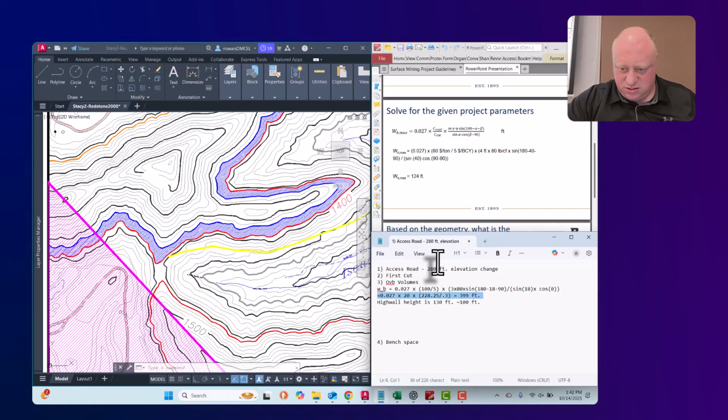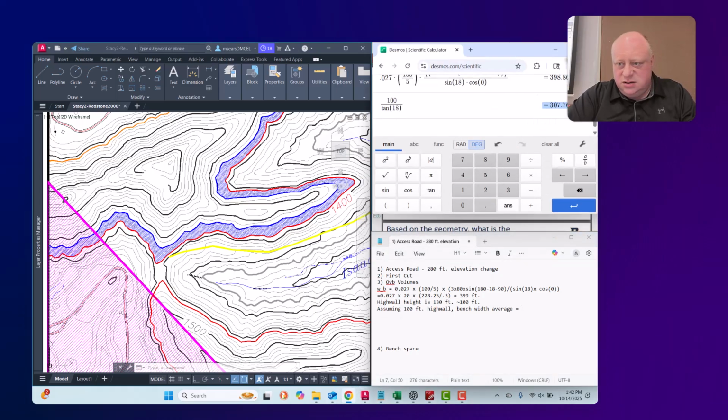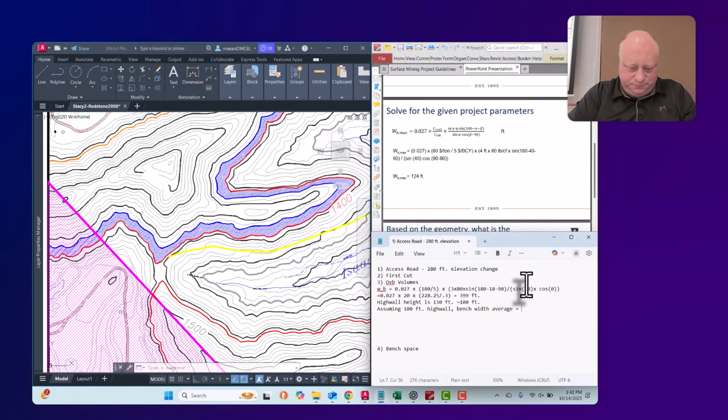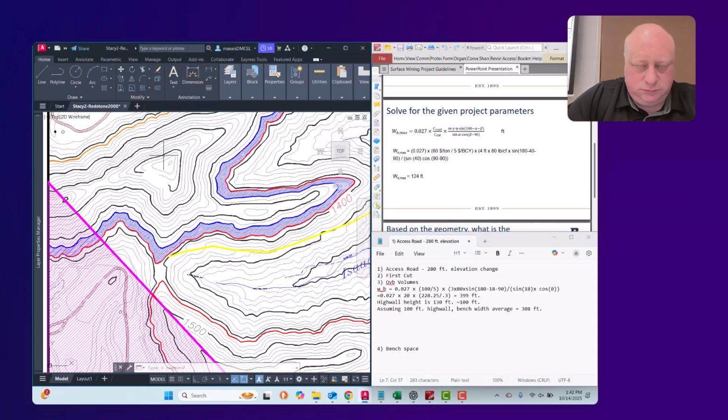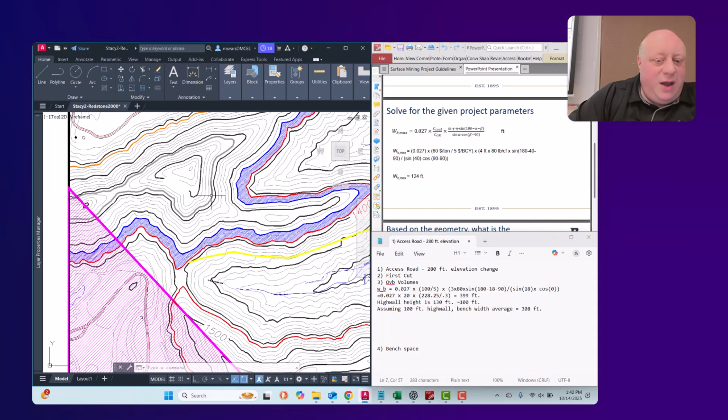I don't think I can strike through or highlight that, but the average bench width is equal to 308 feet. And so that works for a big part of the property, right?